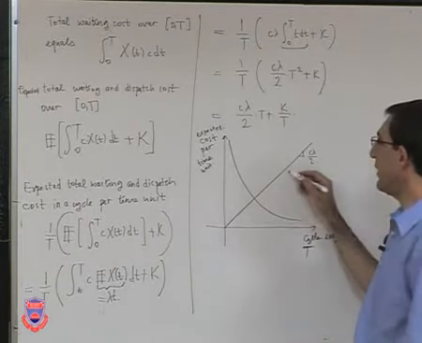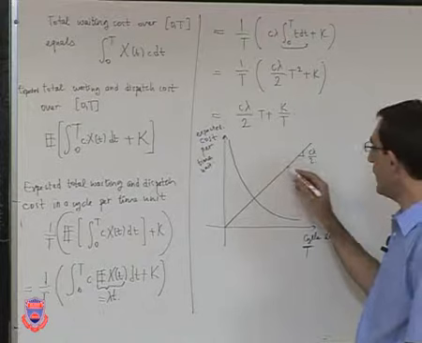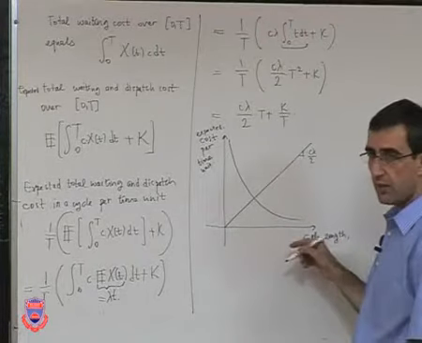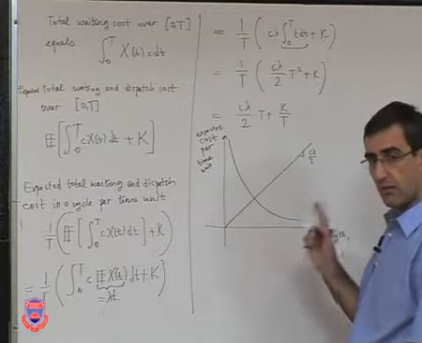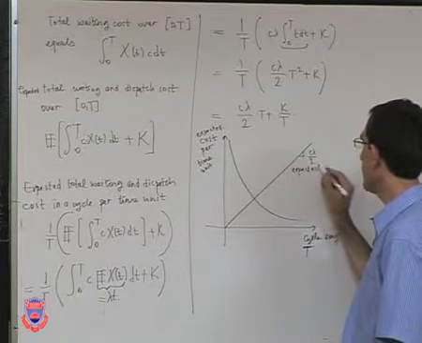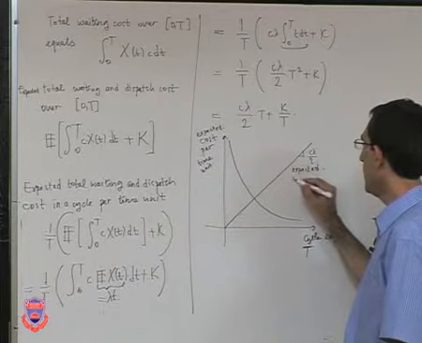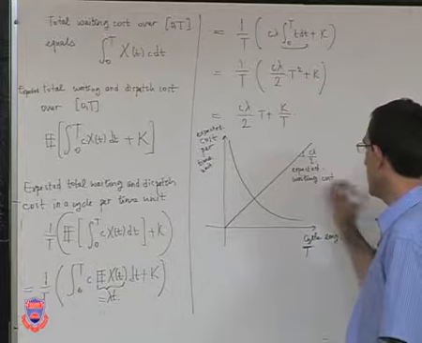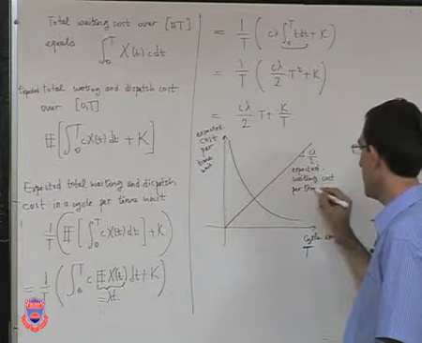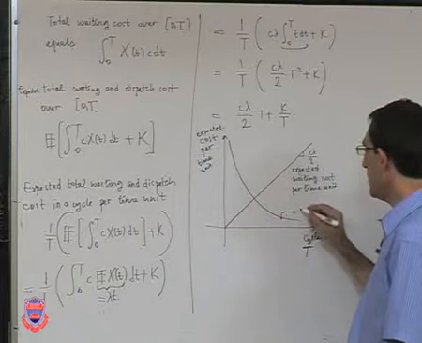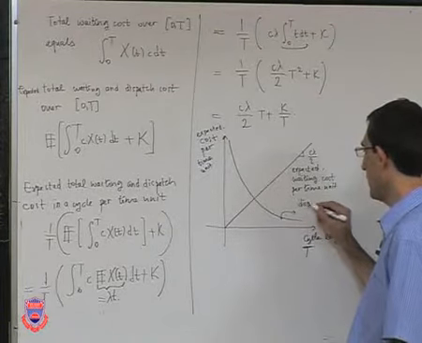So the expected waiting cost per time unit increases with cycle length, which is not surprising. We already discussed that. So this is the expected total waiting cost per time unit. And this is the dispatch cost per time unit.